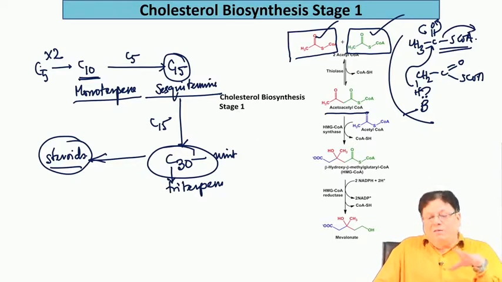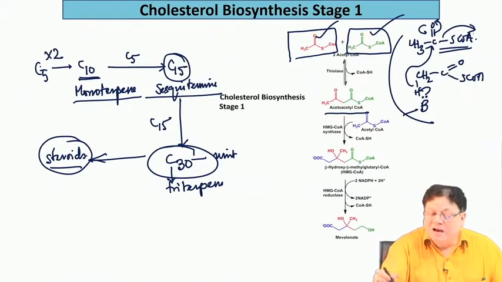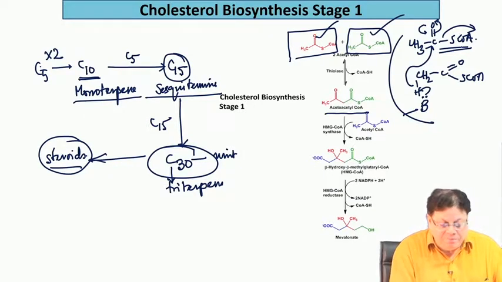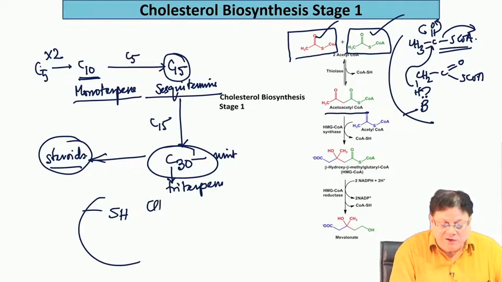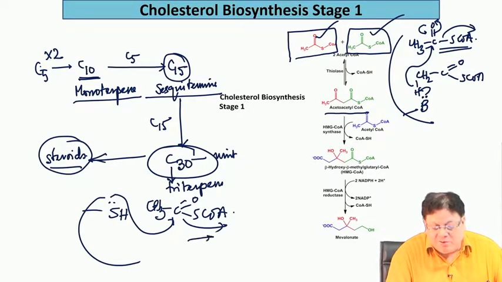However, the actual mechanism is slightly more complicated, in the sense that the first attack onto an acetyl CoA takes place by a cysteine sulfur. That means the enzyme is like this, SH. That first displaces the thioester, this acetyl CoA is first displaced. So, you get CH3CO, and I can write this S enzyme.